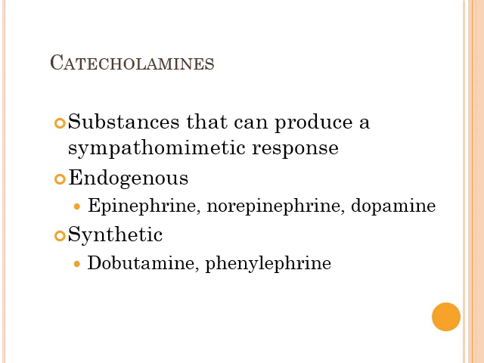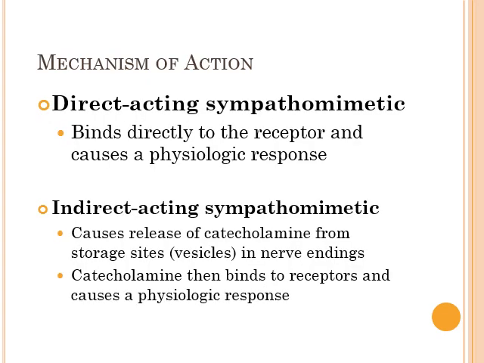Catecholamines are substances that can produce a sympathomimetic response. They are endogenous. So those include epinephrine, norepinephrine, and dopamine. Or they can be synthetically made, like dobutamine or phenylephrine. So what's the mechanism of action?